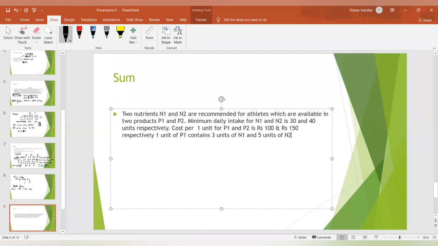Whereas 1 unit of P2 contains 5 units of N1 and 7 units of N2.